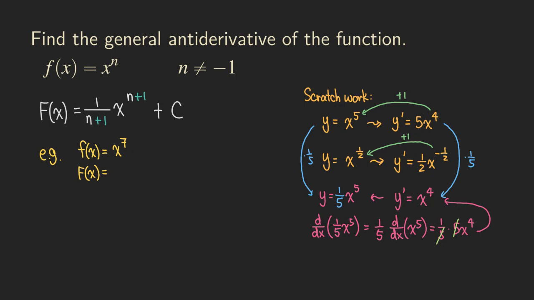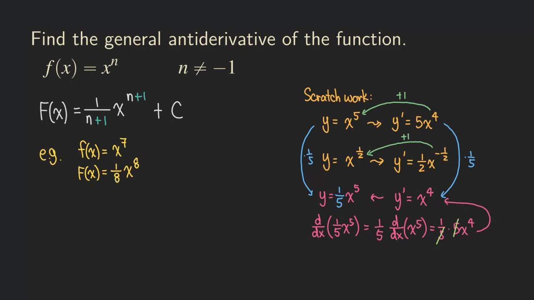We are first going to leave some space in the front, right? So leave some space right here, and then we can put x to the, now add 1 to the 7, so that we are going to get 8. And then now we need to multiply by the reciprocal of this 8, which is 1 over 8, so we put the 1 over 8 in the front.